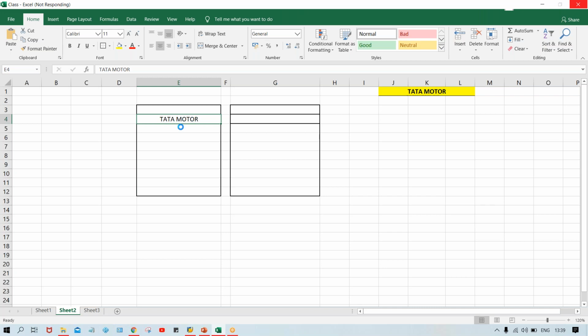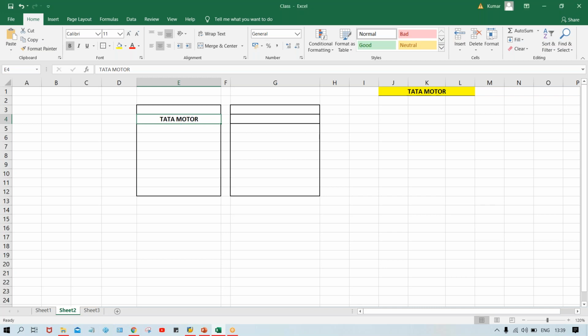So let's suppose this is the sales register, and that too for which subsidiary? Tata Motor, Tata Steel. So it is written on the first page itself, Tata Motor, a subsidiary of Tata Group. I'm writing in shortcut.